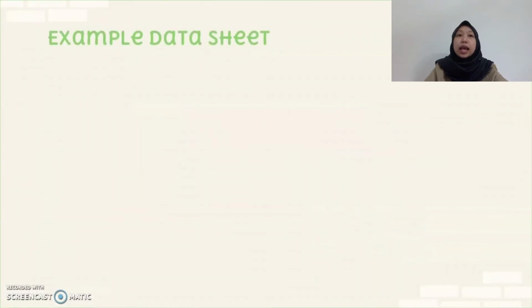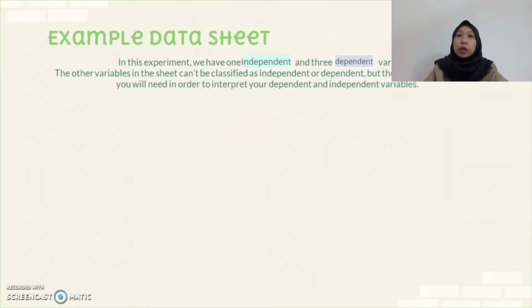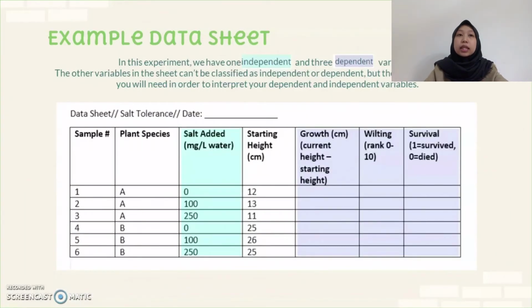Okay, next, this is the example datasheet. In this experiment, we have 1 independent and 3 dependent variables. The other variables in the sheet can't be classified as independent or dependent, but they do contain data that you will need in order to interpret your dependent and independent variables.